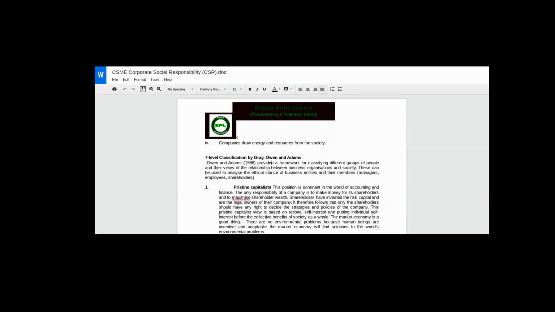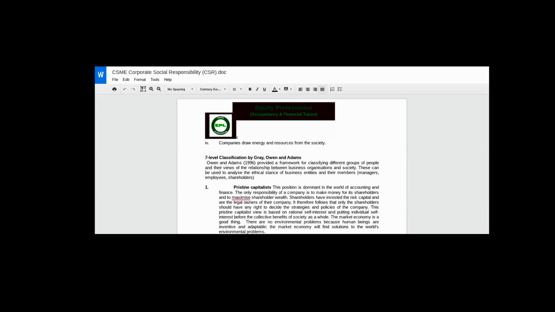This classification also discusses the perception of the company board of directors, shareholders, stakeholders, employees, vendors about CSR. But their perceptions or opinions are divided into 7 and given different names.